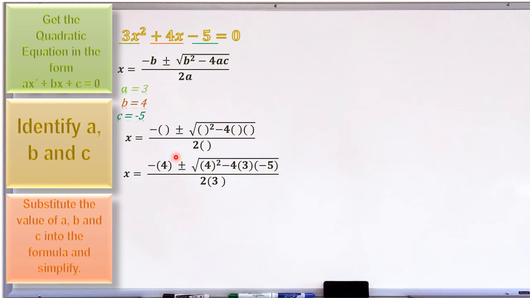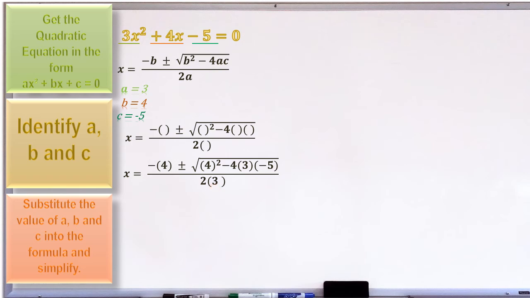Okay. Negative B. B is equal to 4 plus and minus the square root of B. B is equal to 4 squared minus 4 multiplied by A. A is equal to 3 multiplied by C. C is negative 5 all over 2 multiplied by A. A is equal to 3.